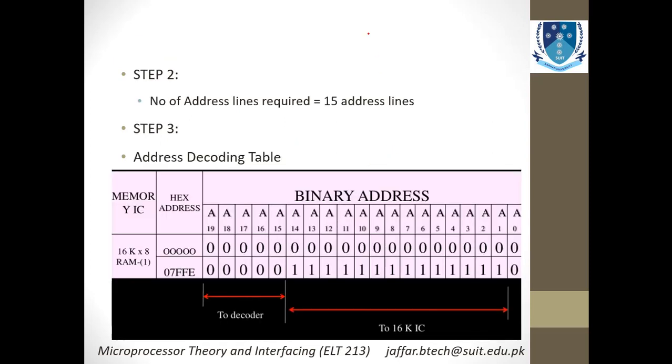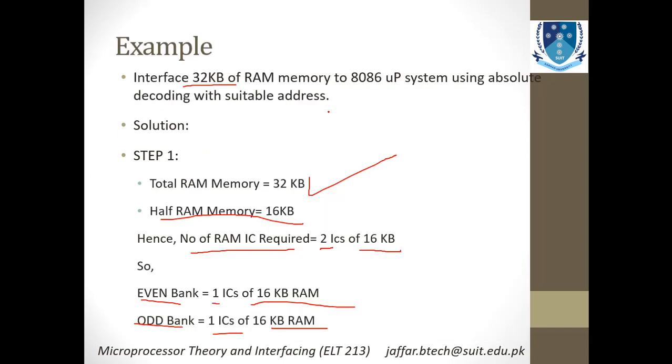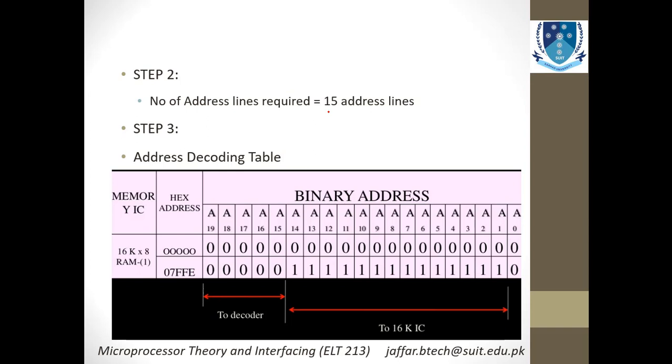The second thing is that you have to specify the address lines, as provided by the examiner or the question, which asks for a suitable address. So you have to find the number of address lines, and it turns out to be 15 address lines.